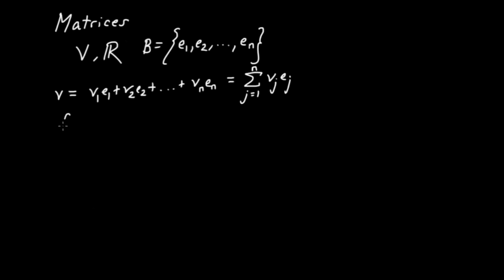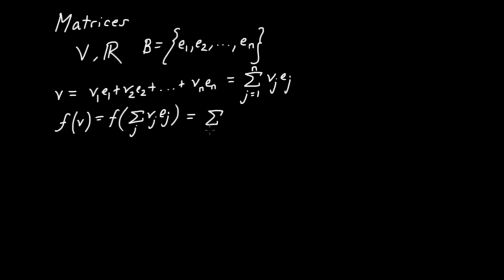And again, let's operate upon v with f. So consider f of v. It's going to be f of the sum over j of v sub j e sub j. And we know that f is a linear transformation by assumption. This is going to break apart over addition, so the sigma notation can be moved to the front.